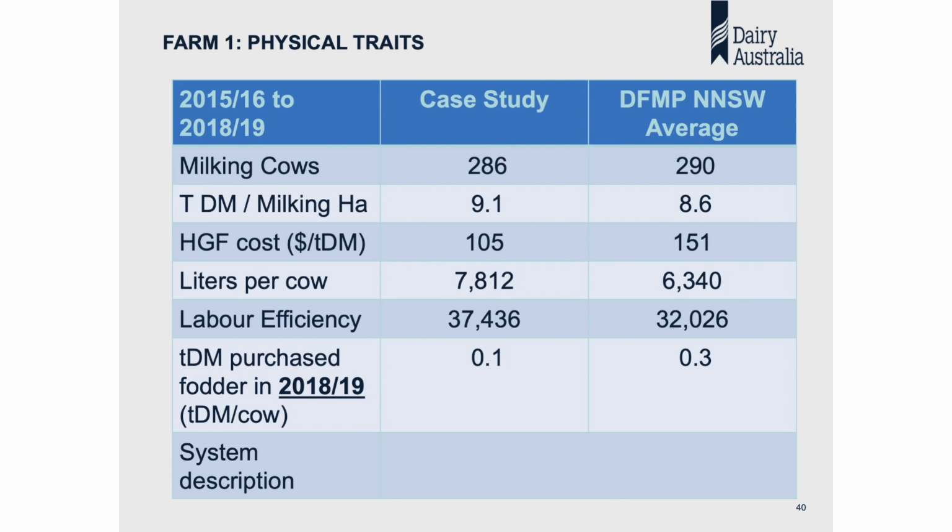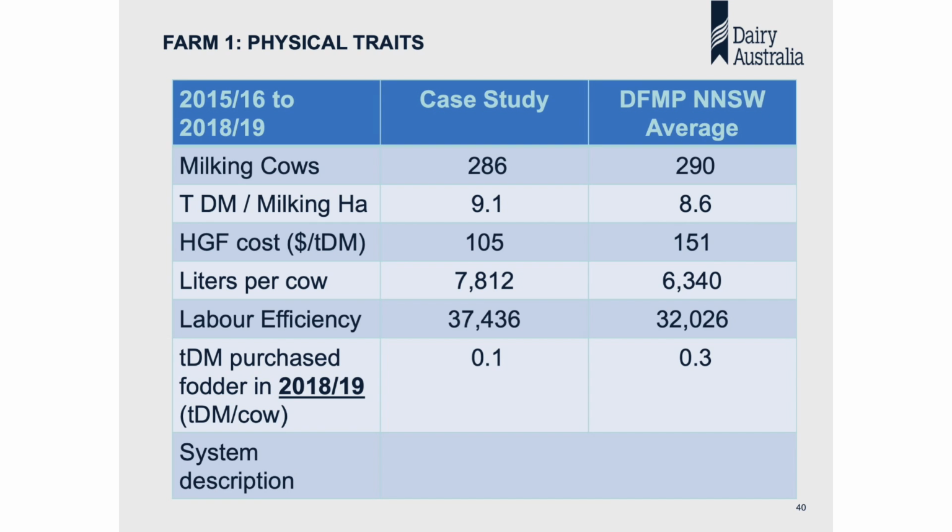Physical numbers. So if you're doing a dairy base or a dairy farm monitor analysis, it's the whole farm's performance. So we look at the physical and the financial. And again, this is across a 4-year period. Milking cows, they've sat around 286, which is around the same as the Northern New South Wales average.